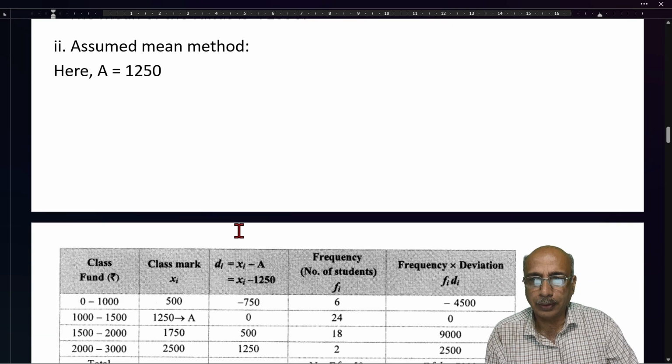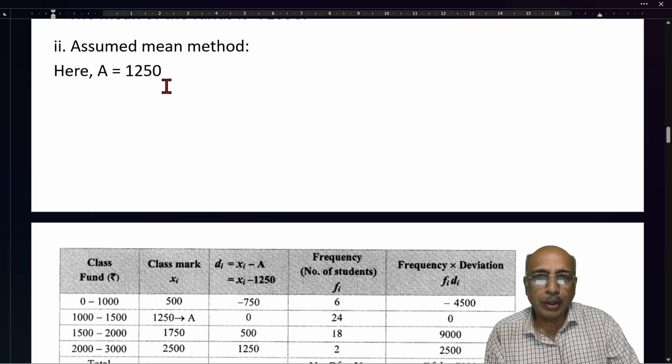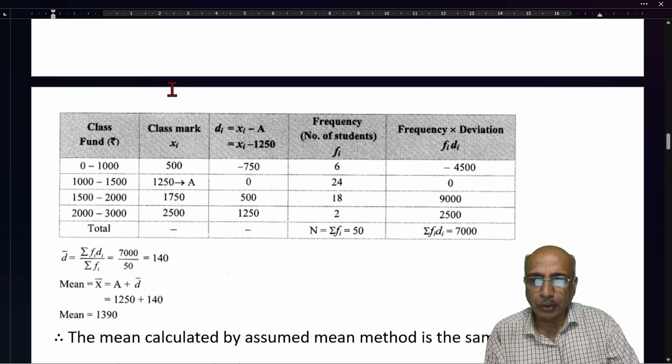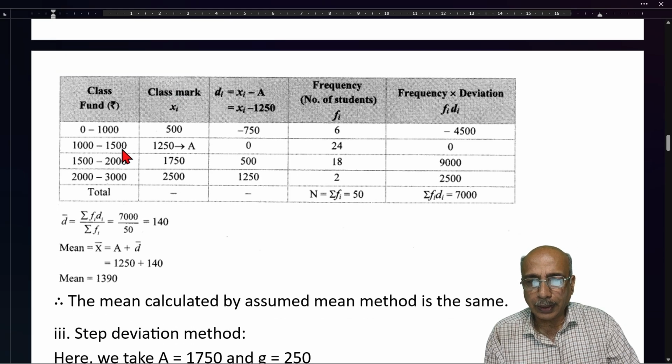Assumed mean method. Here it is given: assume A equals 1250. Now here you see, first we will take the class mark of the class interval. Then assuming 1250 as it was given; otherwise, you can take the class with the biggest frequency as the assumed class.